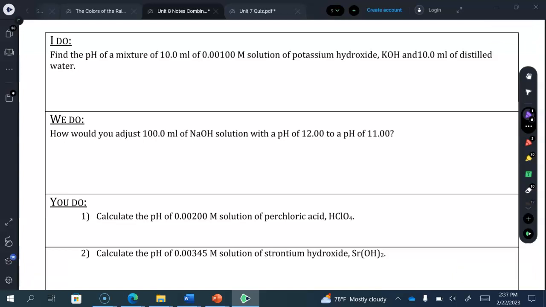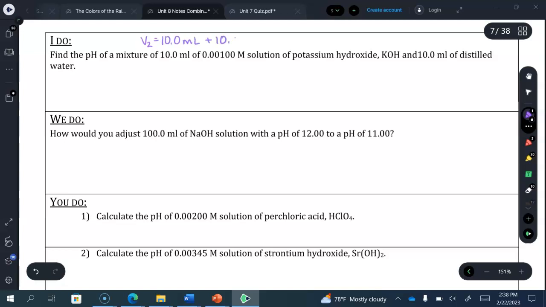Okay, so find the pH of a mixture of 10 milliliters of 0.001 molar solution of potassium hydroxide and 10 milliliters of distilled water. Well, since we're adding water to the solution, we know we're going to have a new volume that is the combination of the two. So this is technically a dilution equation.